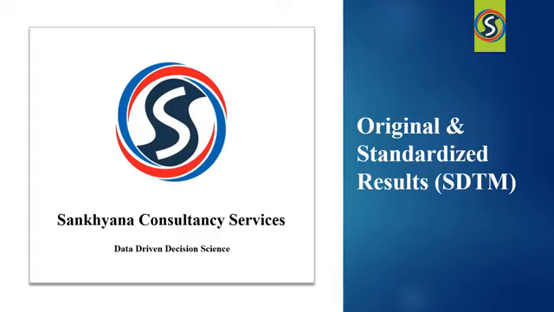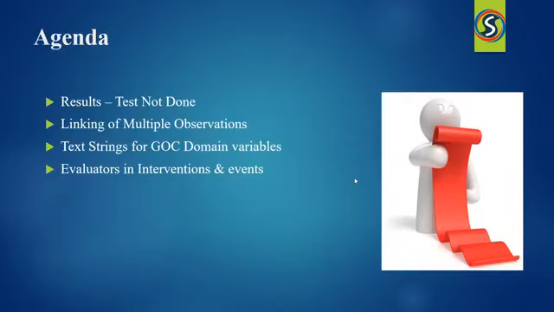Today, we would like to discuss the topic original and standardized results based on SDTM. So, let's discuss today's agenda. Here we are going to discuss the results based upon the test not done variable, and also how we can link multiple observations, as well as the text strings based upon the general observation class domain variables.